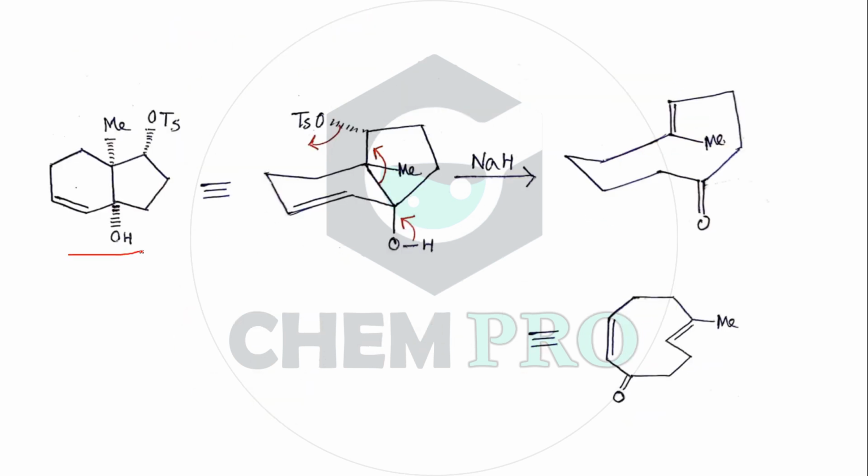So we can write the substrate like this chair form, and after the mechanism this NaH will take up this proton, and then the negative charge of the oxygen will make this C double bond O, and this C-C bond will break along with the C-X bond, and we can get this product, and this is an E alkene because the X and the ring junction group are cis to each other.